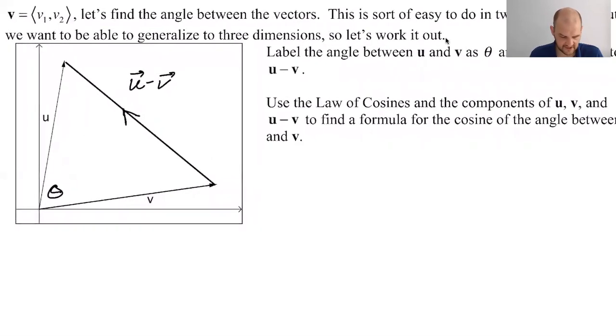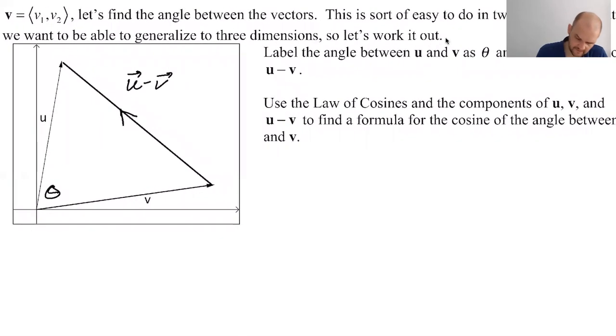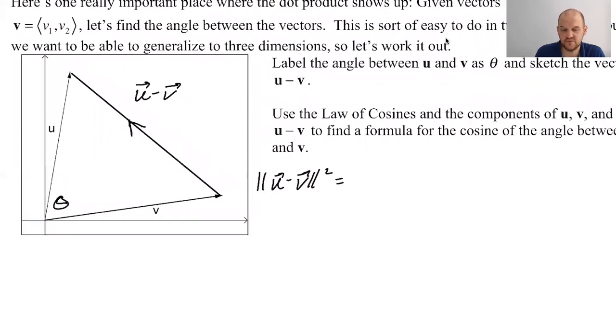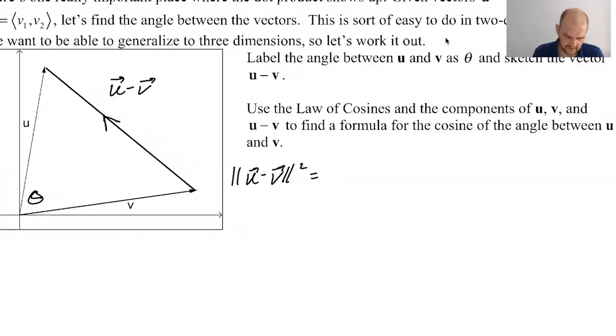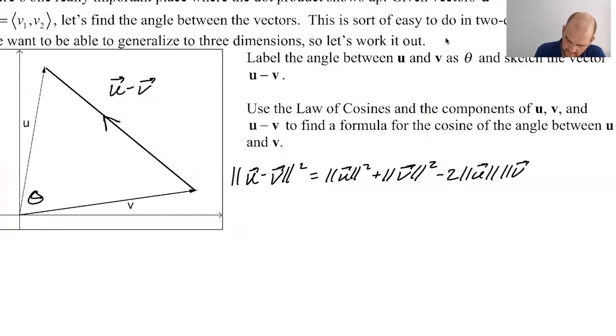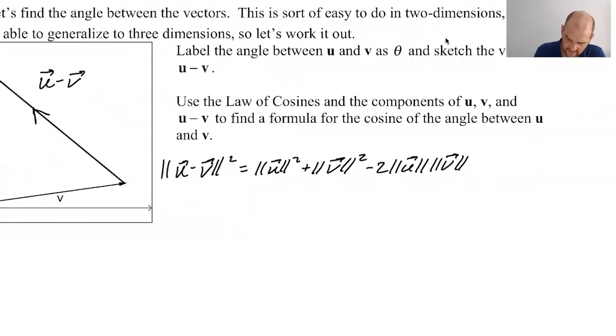So what I'm going to say is that the magnitude of u minus v squared, which if you remember is just u minus v dot u minus v, is equal to the magnitude of u squared plus the magnitude of v squared minus 2 magnitude of u, magnitude of v, cosine of theta.